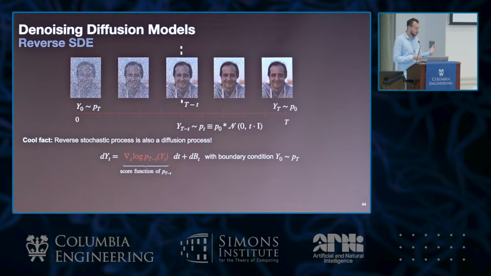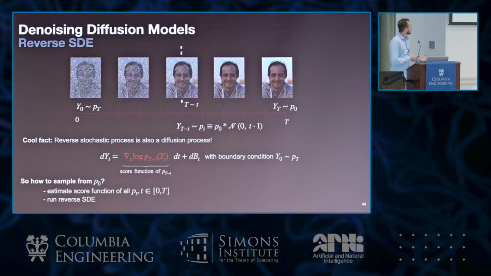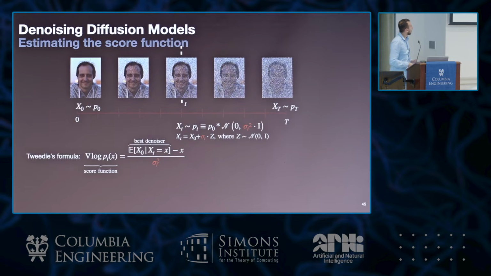And the cool thing about this score function is that to learn it, all you need to do is learn a denoiser. Okay, this result is called Tweedie's formula. And it's going to allow us to abstract away all of these diffusion models and stochastic differential equations and just think about denoisers. So the problem is really that you have some noisy images. There are different levels of noise.